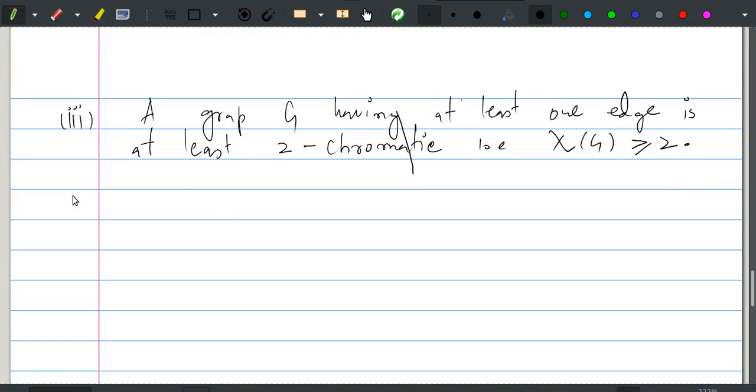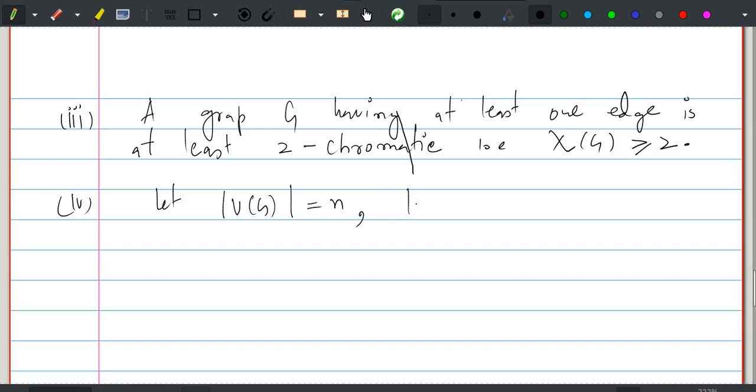That is, let the vertex set of G have size n, then the chromatic number of G is less or equal to n. So this is the maximum number of colors that we can use.